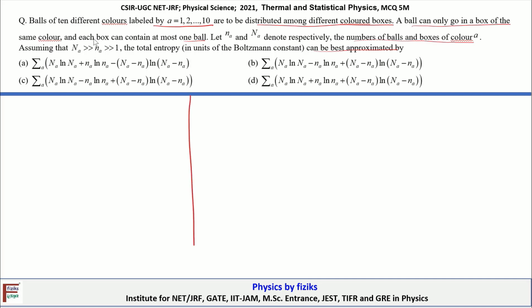So let's try to understand how we can do this problem. We assume that n1 balls of color 1 are distributed in N1 boxes of the same color, or you can say of color 1.